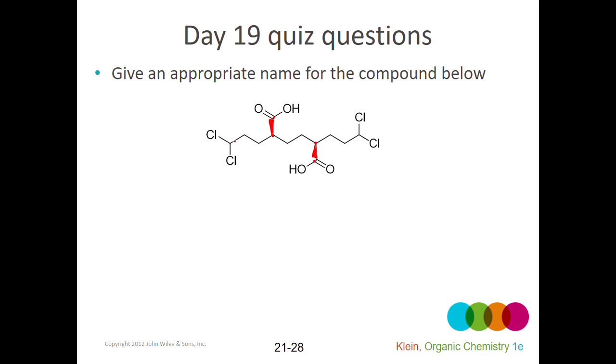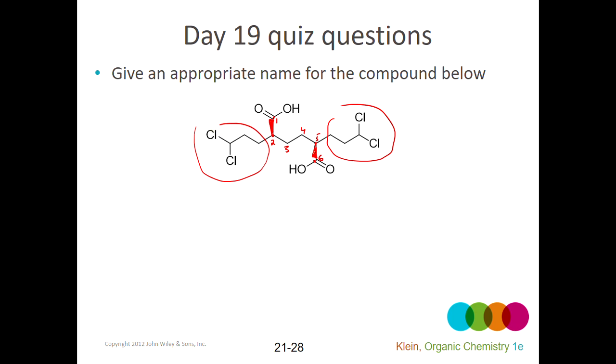So when I'm finding the parent name here, I want to include the carboxylic acid carbons. So even though I can find a longer chain that doesn't include those, based on the naming system we've learned and what we just talked about, I want to include those in the parent chain, which I now see has 6 carbons, and then I can name these other groups as substituents.